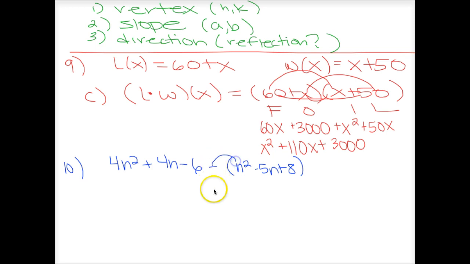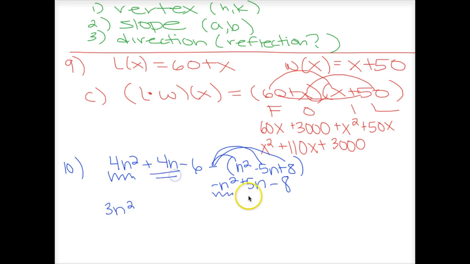So this becomes minus n squared plus 5n and then minus 8. So then combine like terms. Here's two squared terms, so 3n squared. Then here's some plain n terms, so it gives me a total of 9n. And then my constants, negative 6 and negative 8, give me a negative 14. So P minus Q of n is represented by this function.